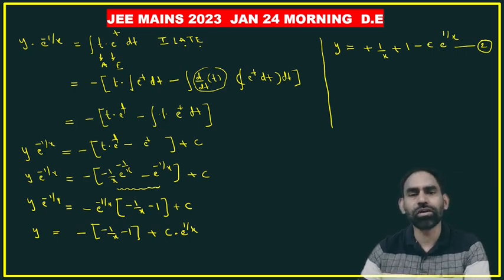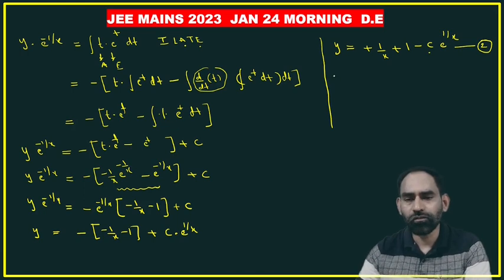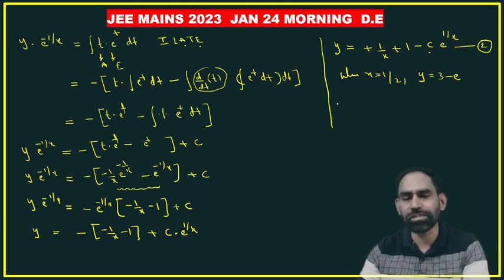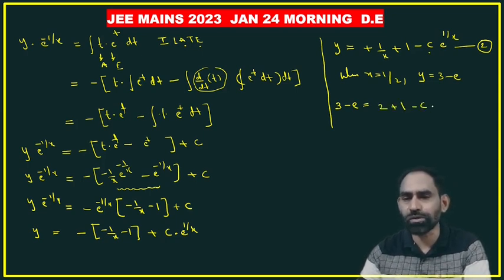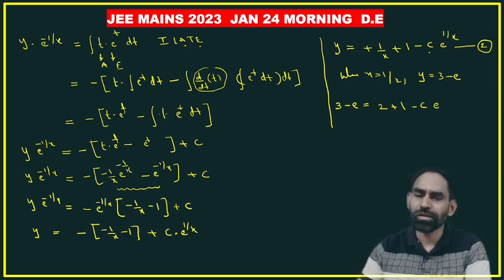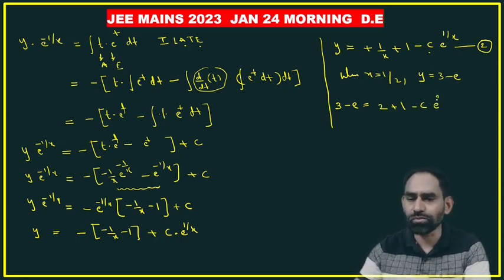Here we have to find out integral constant c. Given when x equals to 1 by 2, y is 3 minus e. That's why substitute x place 1 by 2 and y place 3 minus e. 3 minus e equals to, here x place 1 by 2, therefore 1 by x becomes 2 plus 1 minus c into e power 1 by x, that is e power 2.